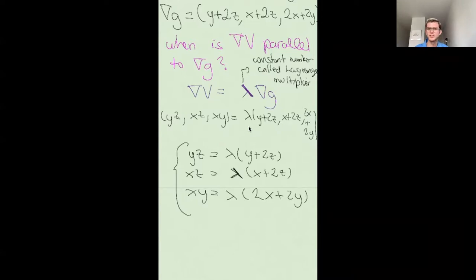Is that making sense? So far, so good. Are there any questions about this? This is what you get by asking the two gradients to be parallel to one another.